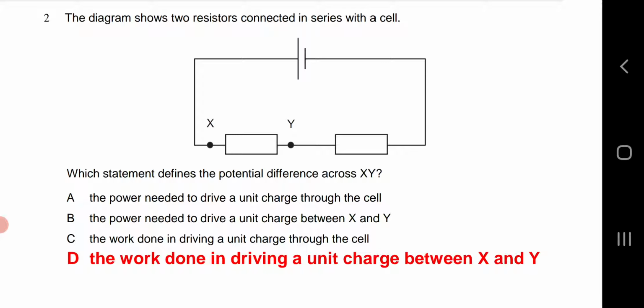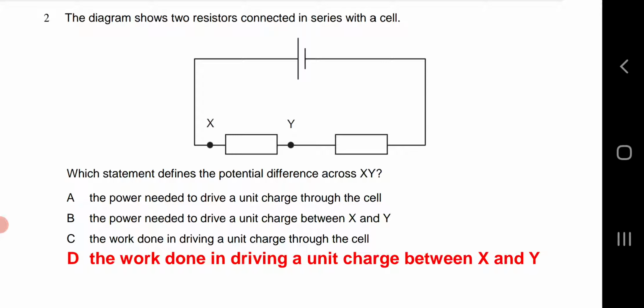There is a difference between a potential difference and the electromotive force. In electromotive force, the amount of work done is for the charge to traverse in a complete circuit from one terminal of the battery, and then the charge will come back to the other terminal of the battery.